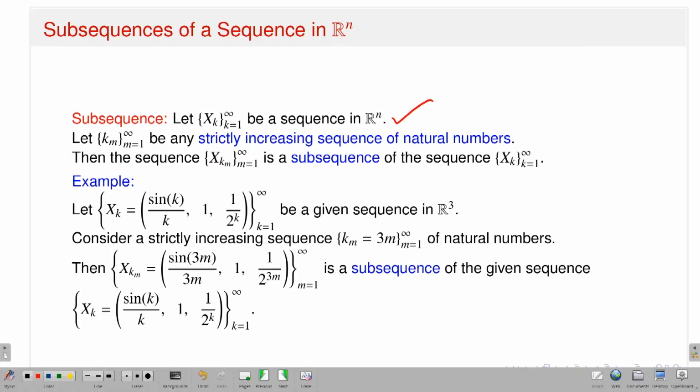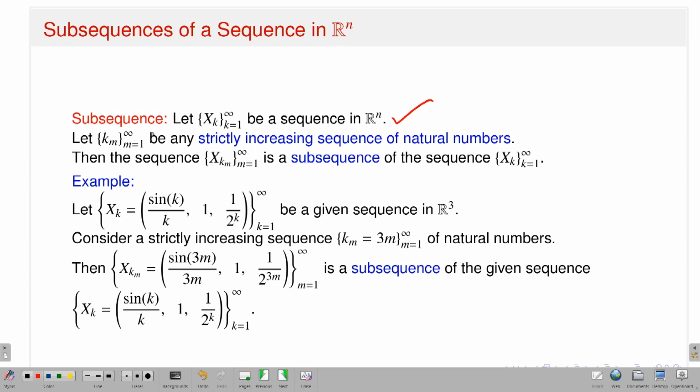What are subsequences? I think you are familiar with the definition of subsequences on the real line. Similar definitions hold in the context of n-dimensional Euclidean space. Start with a sequence capital Xk in n-dimensional Euclidean space.